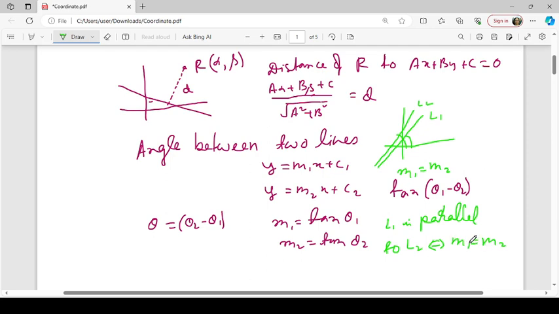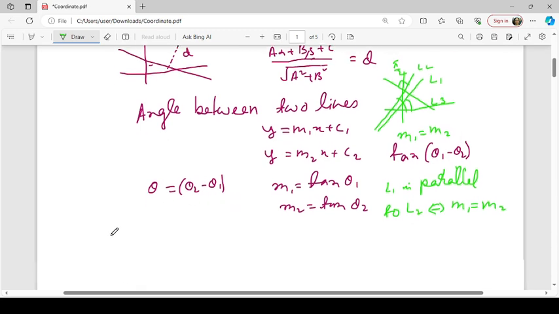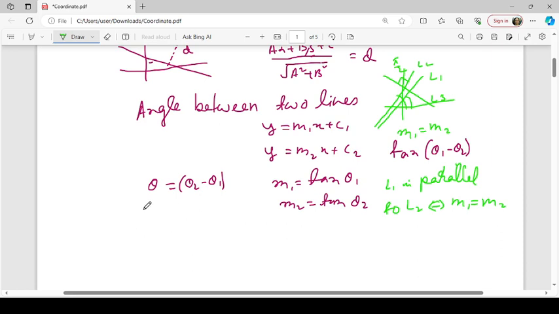And for perpendicularity, say this is L3. L3 means what? The angle between L1 and L3 must be equal to 90 degrees, pi by 2. This theta should be equal to 90 degrees. So tan of theta, where theta should be equal to pi by 2, is tan of pi by 2.